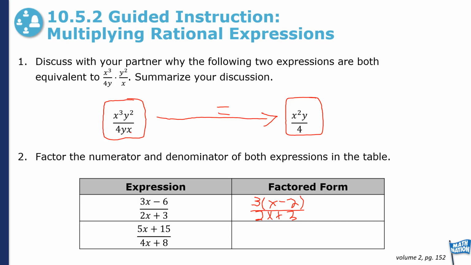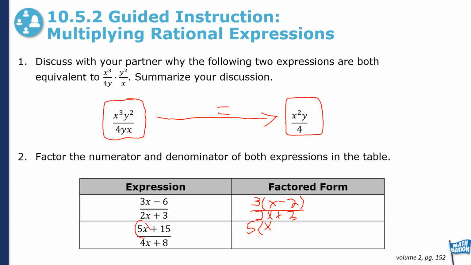Okay, let's look at the second expression. We have 5x plus 15 over 4x plus 8. Let's start with our numerator, the top expression. What is the greatest common factor between 5 and 15? That's right, it would be 5. So we have to factor out a 5. So 5 on the outside, and in parentheses, we're dividing each of our terms. 5x divided by 5 gives us x.